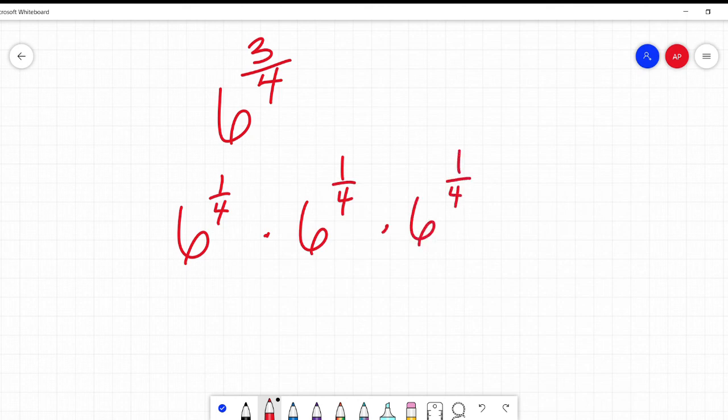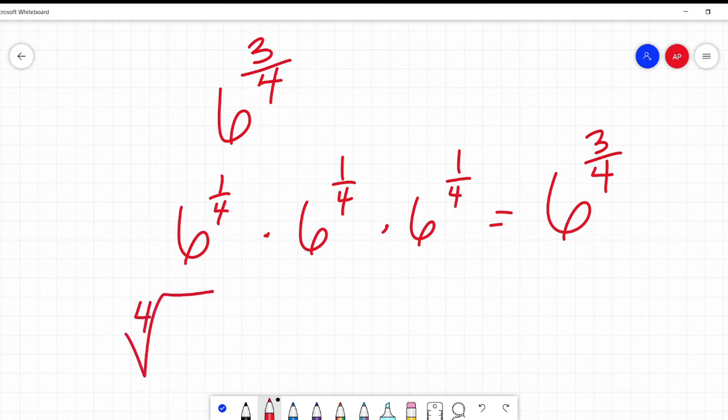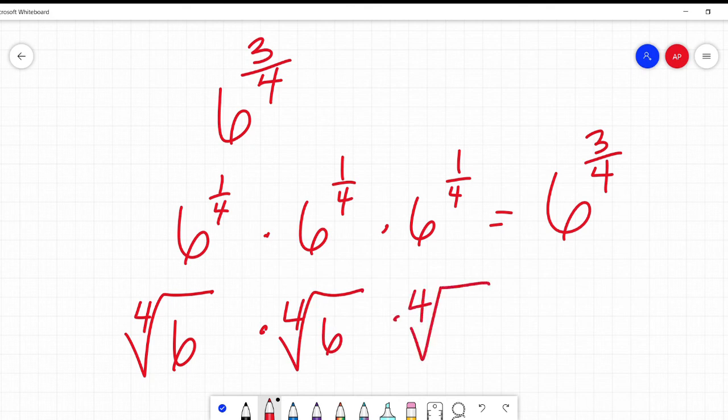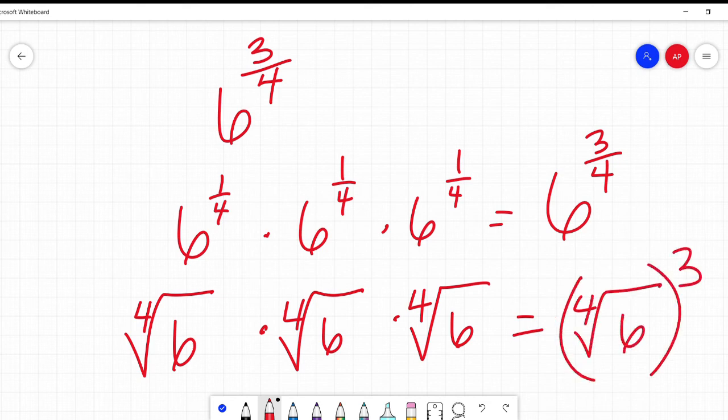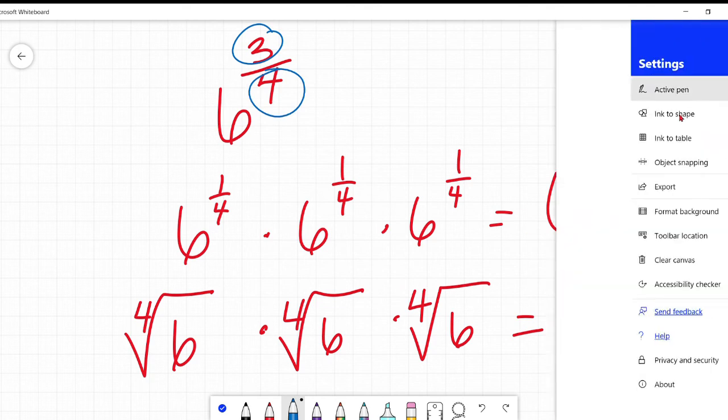We would add those exponents, and it would be 6 to the power of 3/4. 6 to the power of 1/4 is a 4th root of 6 times the 4th root of 6 times the 4th root of 6. So this would be the 4th root of 6 cubed. Looky there. 3, 4. So there is our pattern.